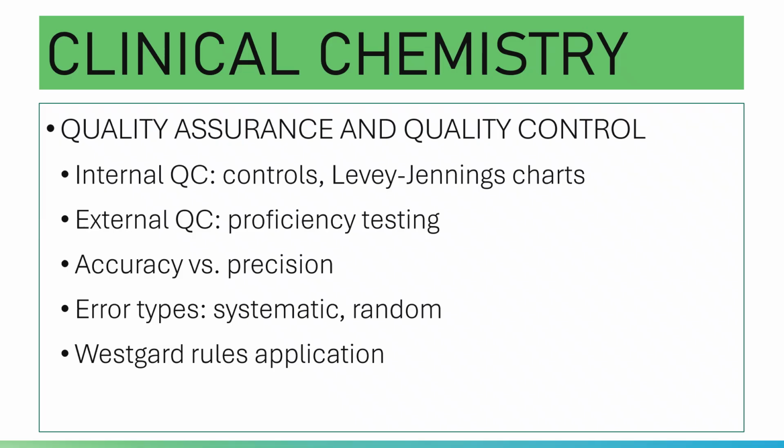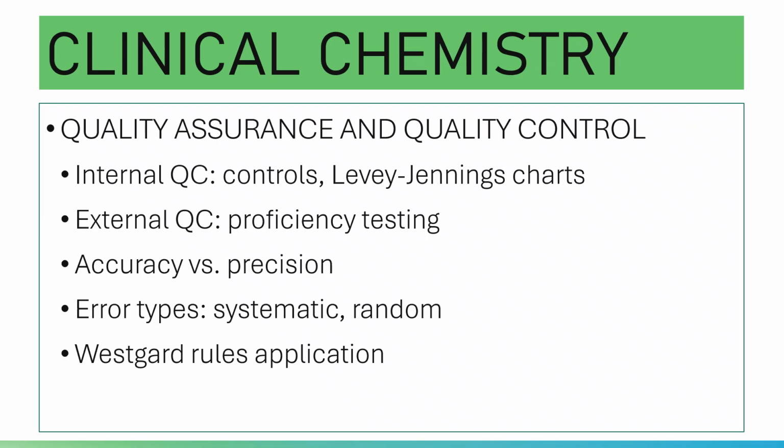They should be within control before running your patient samples. It is done once a day only. But if you run out of reagent or you change the reagent, then you need to run control. And yes, the controls are plotted in a chart.